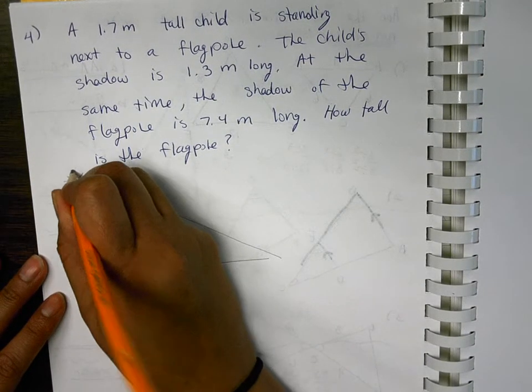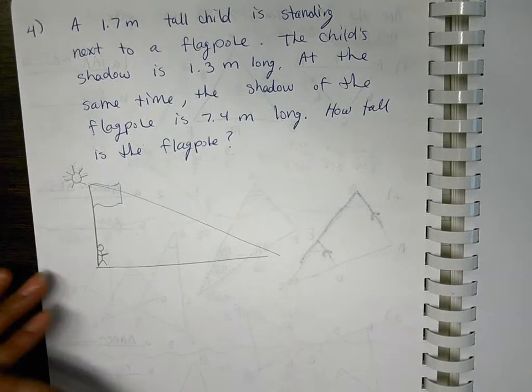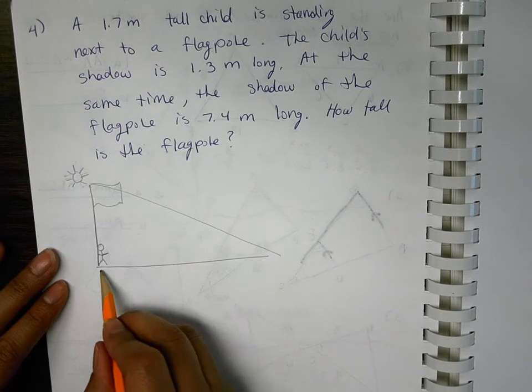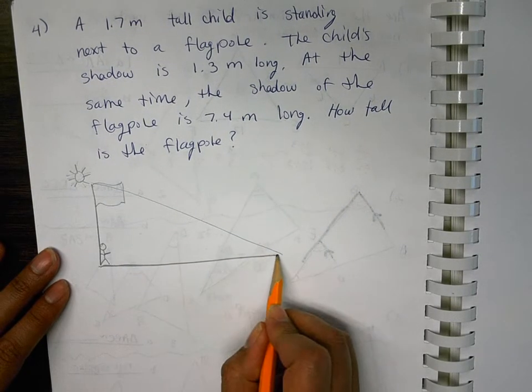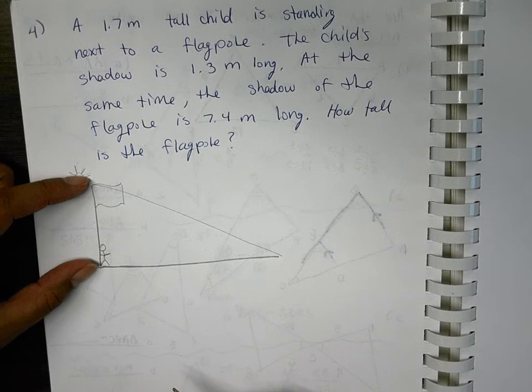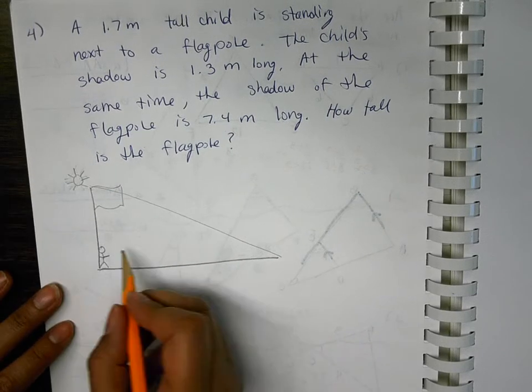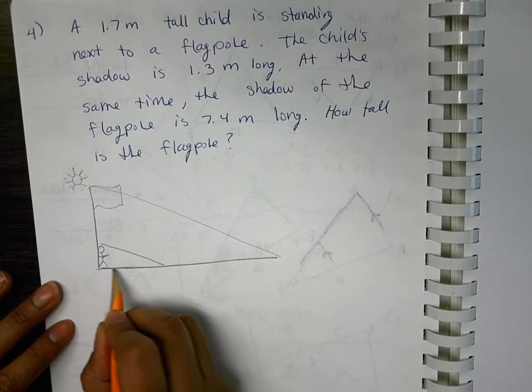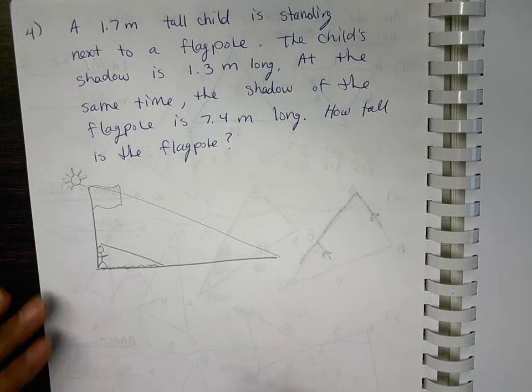All right, the sun shining down. This long one here is the shadow of the what? The flagpole. Now this here is the shadow of the child. Do you see that? Yes?